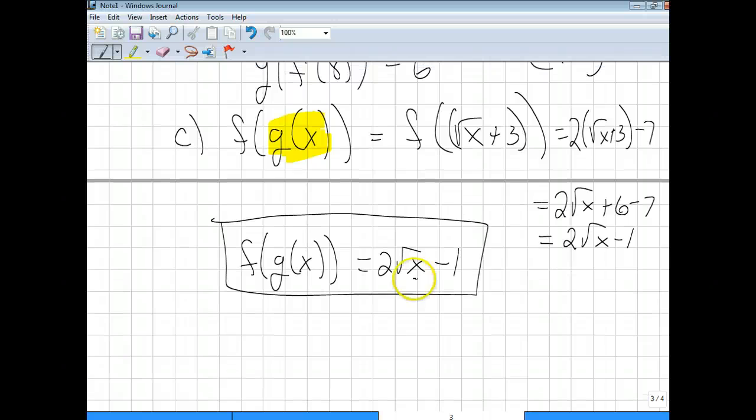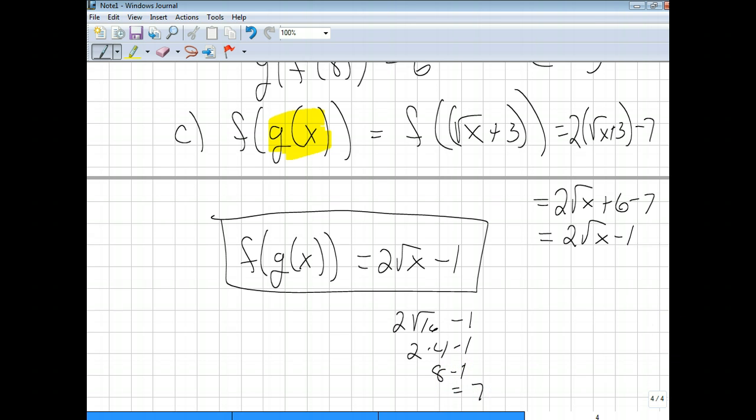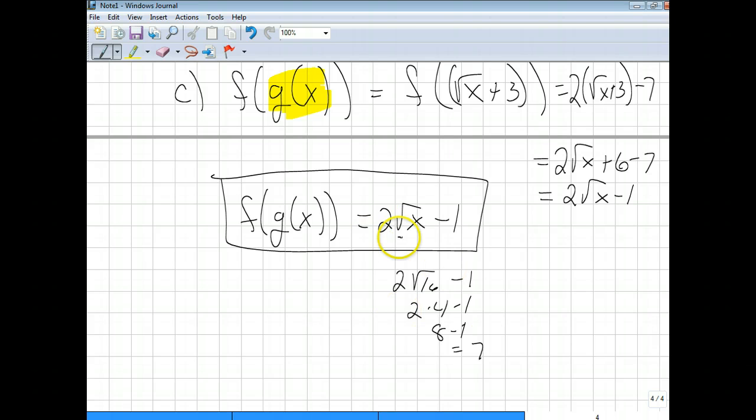So notice that if I put 16 in for x, okay, so this is a more direct way to get our 7, because this is already combined. But this is the general form of the composite function. So that was just showing you how we can do that.